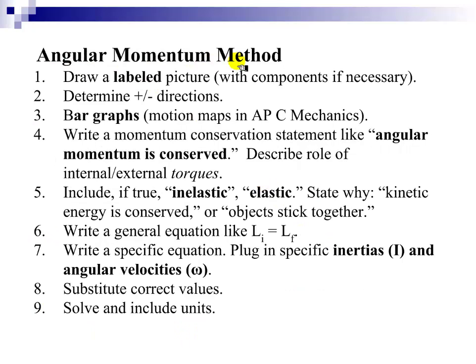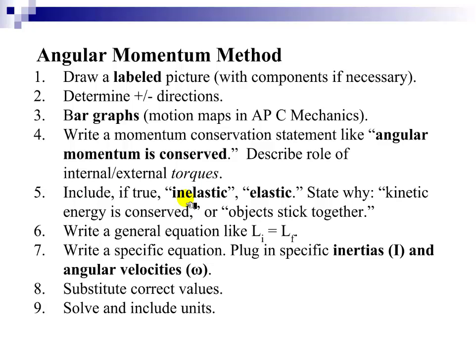Here's the angular momentum method. We draw a labeled picture. We'll use components if necessary. We're going to determine the positive and negative directions. In this case, again, counterclockwise is considered to be the positive direction. We're going to use bar graphs. AP Physics C is going to have to use motion maps. We write a conservation statement like angular momentum is conserved. We have to describe the role of the internal or external torques.